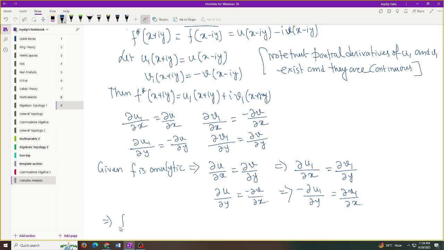This implies f star has continuous partial derivatives and satisfies CR Cauchy-Riemann equation. Hence, f star is analytic on G star.